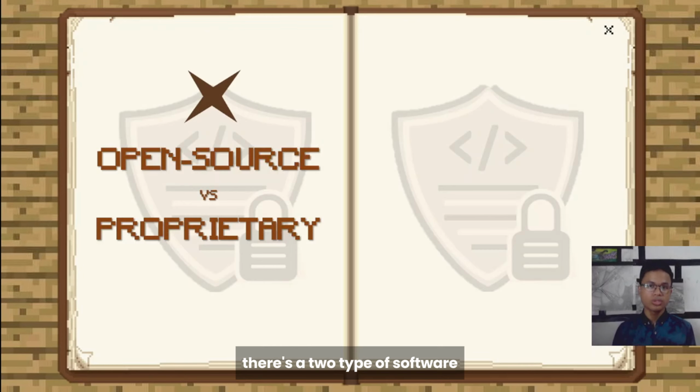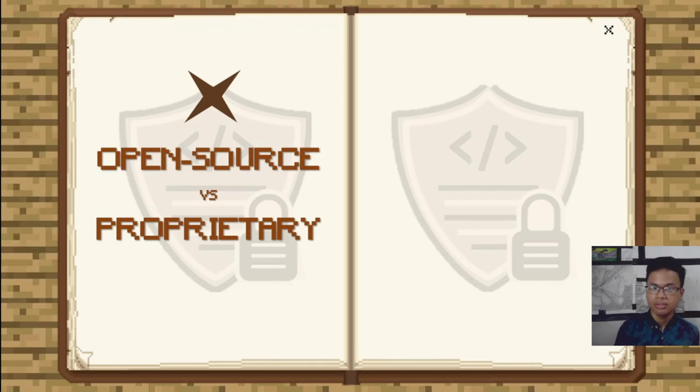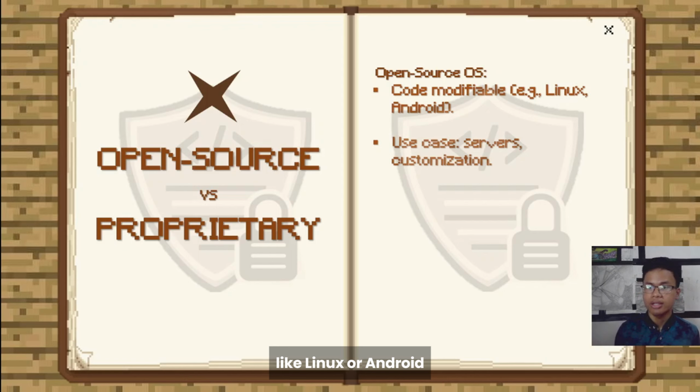There are two types of software. We have open source versus proprietary. What is open source? An operating system whose code can be modified by the user, like Linux or Android.